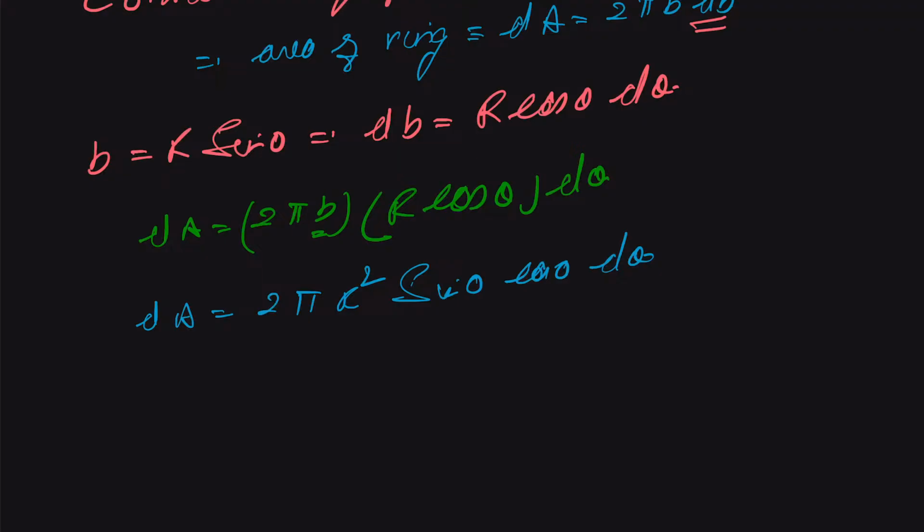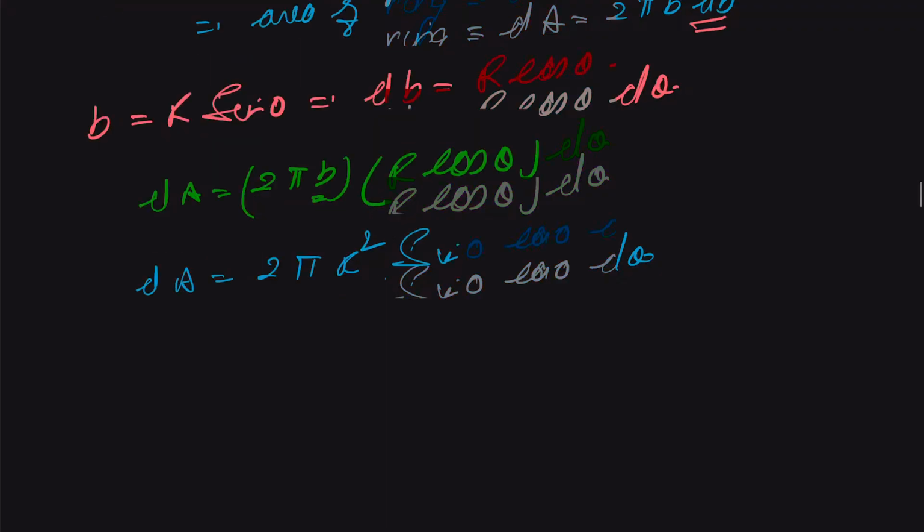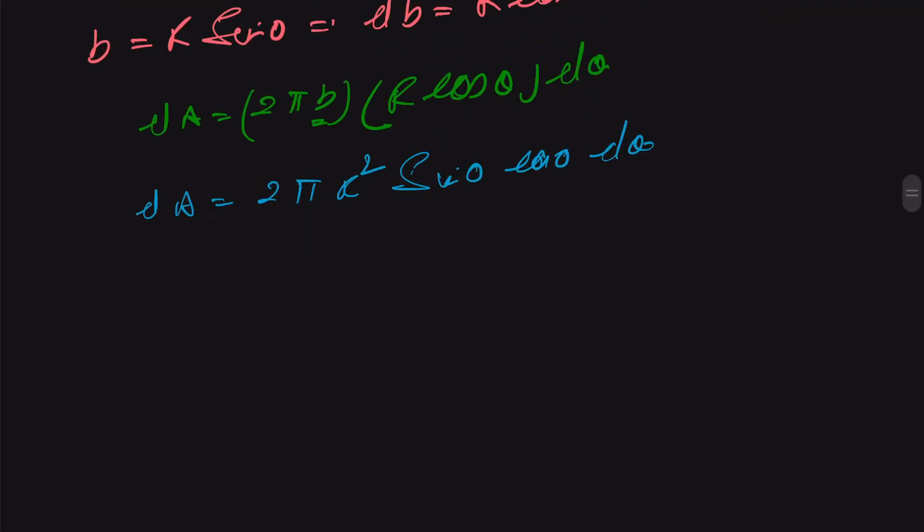Now we are going to find out the average momentum transfer, because there are n number of particles that will be striking the sphere, and we will not be able to find out the exact value of the momentum with respect to each particle.